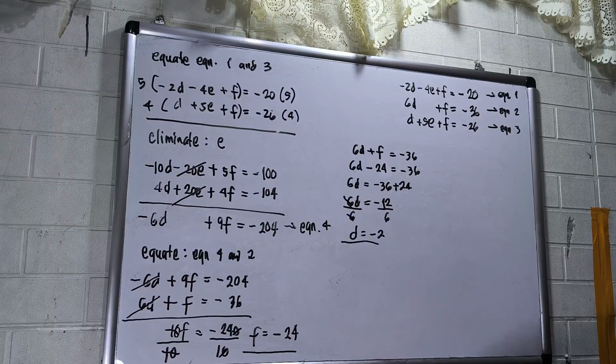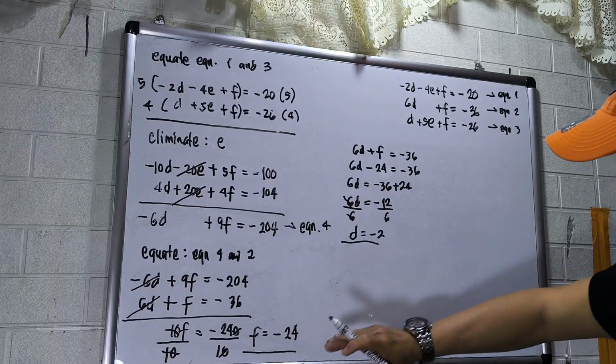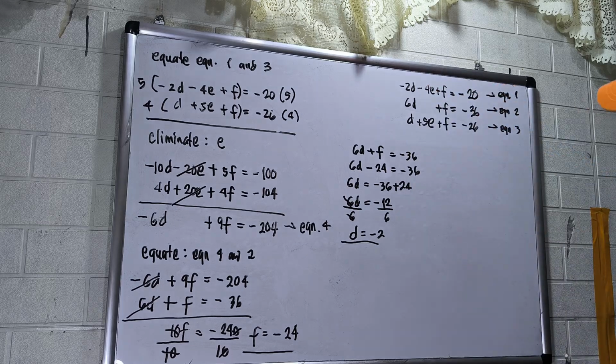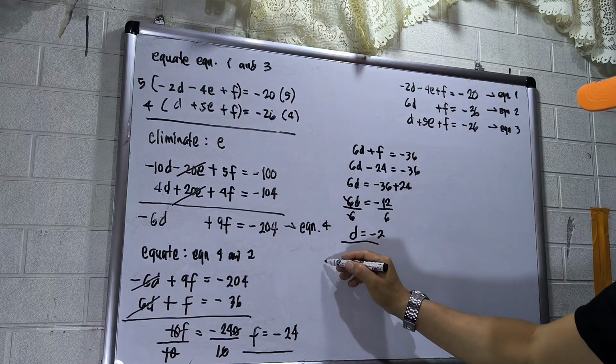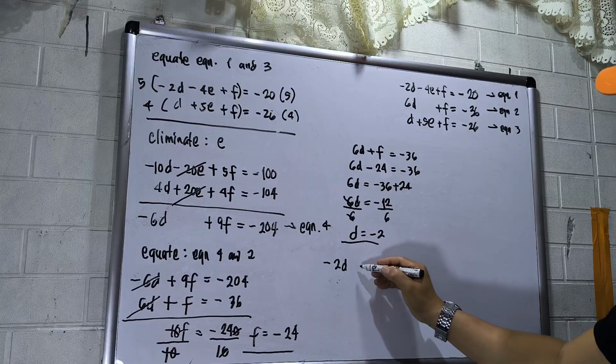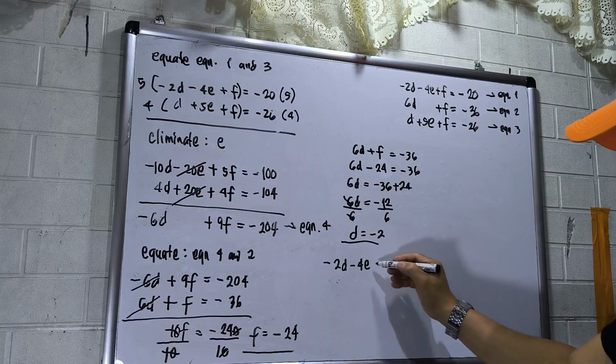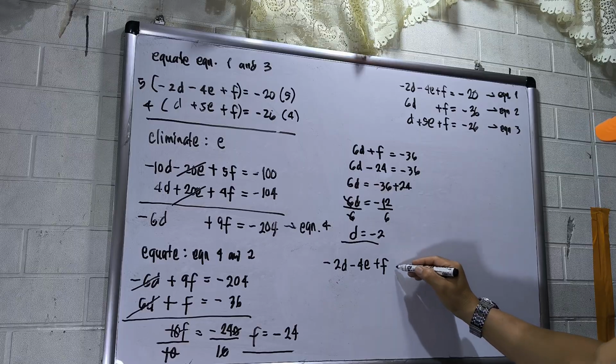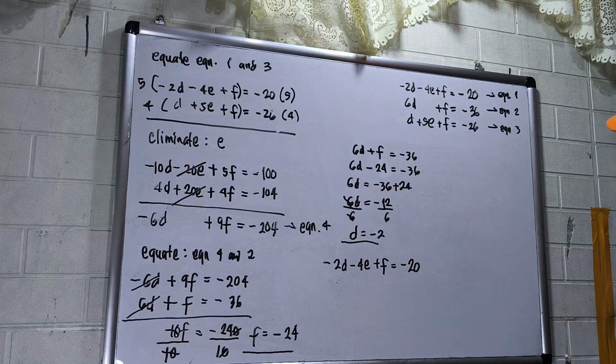Now what's next? I will plug in f and d to the first equation. The first equation is negative 2d minus 4e plus f is equal to negative 20.